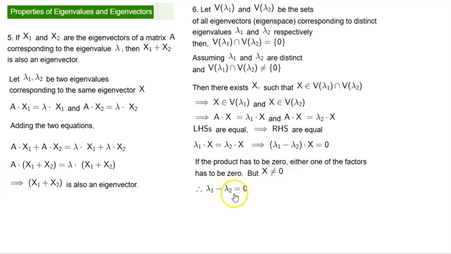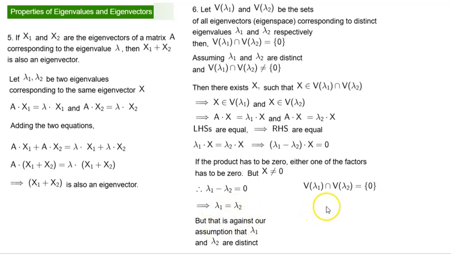Therefore, lambda 1 minus lambda 2 equal to 0, which implies lambda 1 is equal to lambda 2. But that is against our assumption that lambda 1 and lambda 2 are distinct. So we started with them being distinct and we arrived at the conclusion that they are the same.